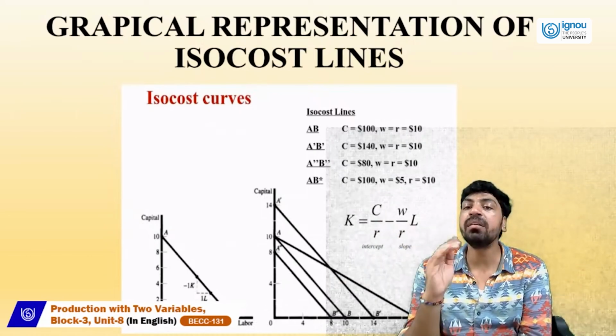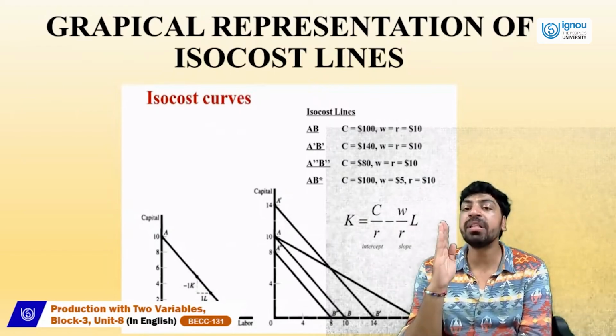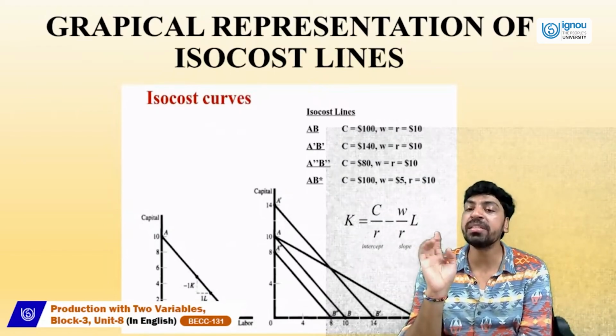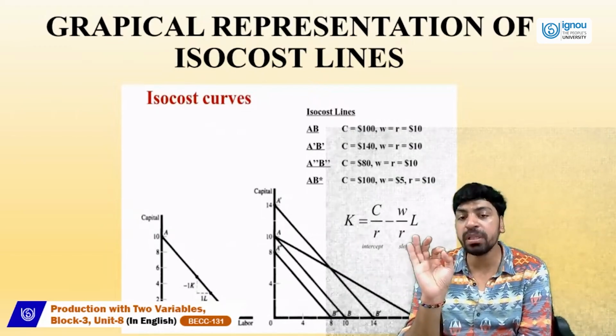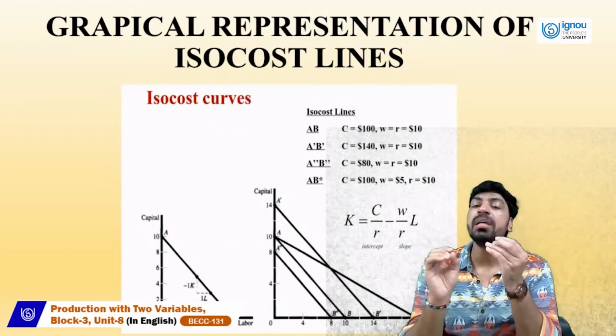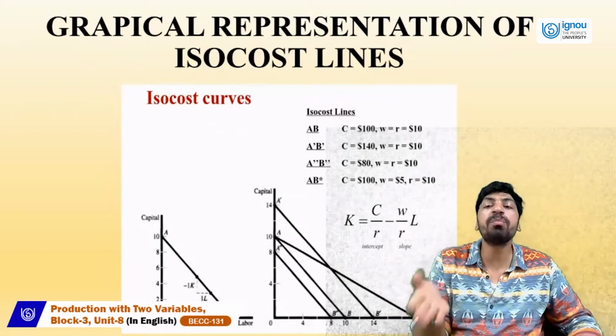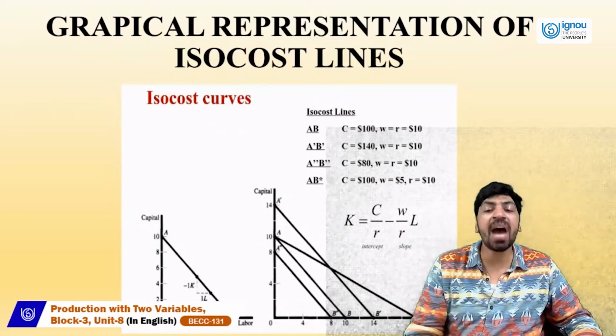If you look at the price of wages, it is 10. Now in the fourth situation, the price of wages decreases from rupees 10 to rupees 5.